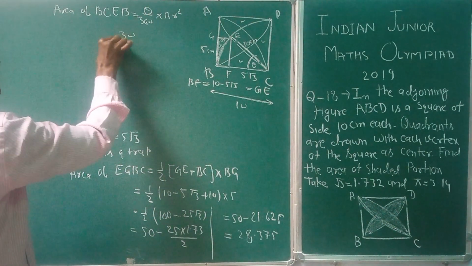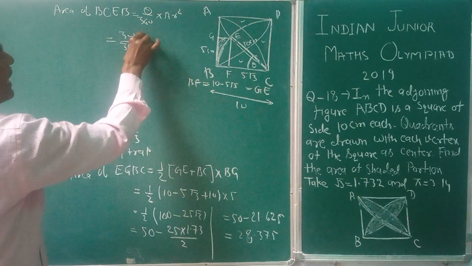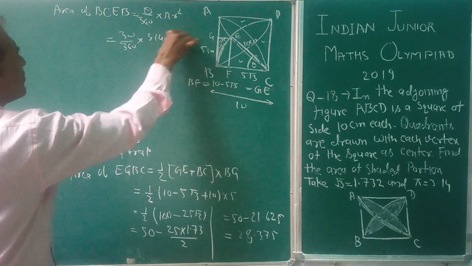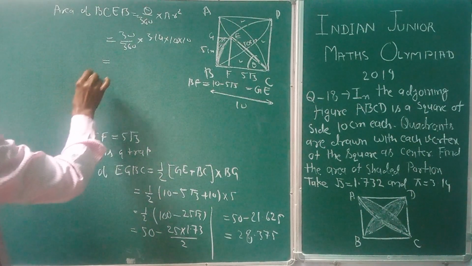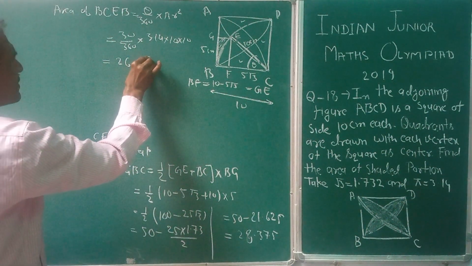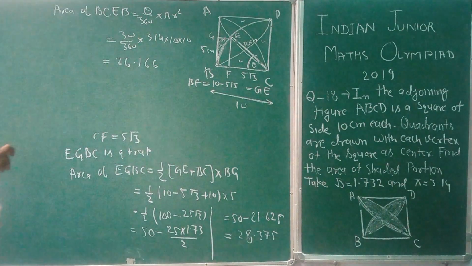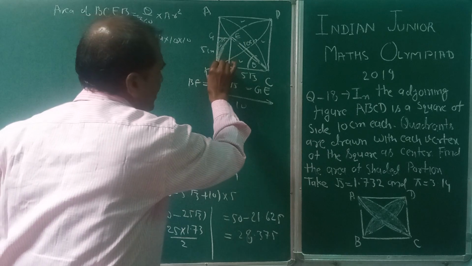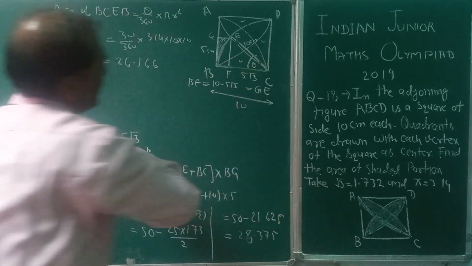Theta is 30 upon 360, pi 3.14 as given. Radius was 10, so 10 into 10, it is coming out to be 26.166. So the area of this circular part we have calculated.